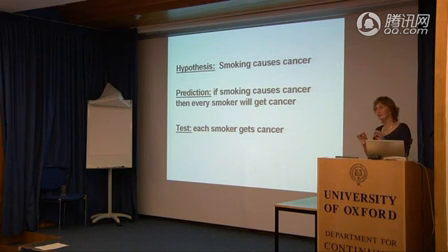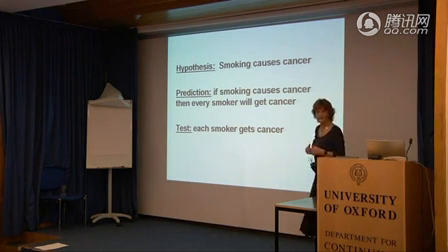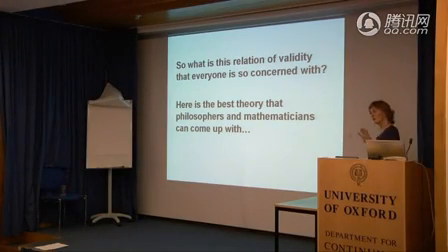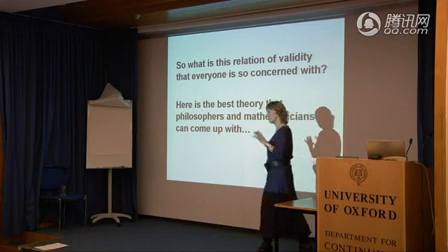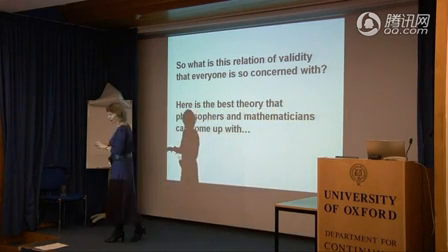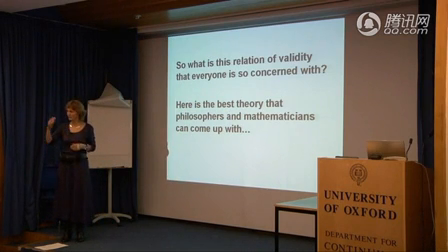It's just that we use premises in different ways, don't we? Sometimes we use premises as hypotheses, sometimes we use them as predictions, and so on. Okay, so I hope I've convinced you that the relation of validity is important to you if you're concerned about truth. And what makes it important is that validity preserves truth.